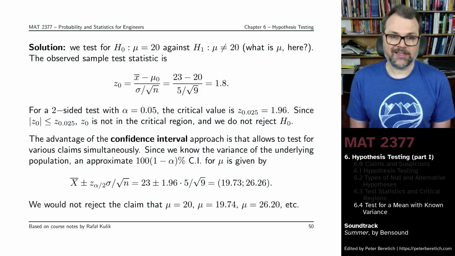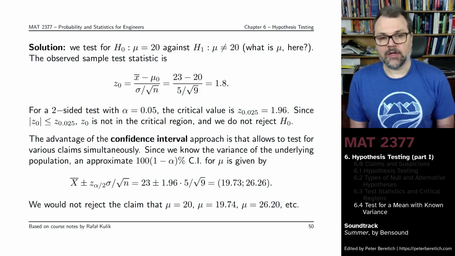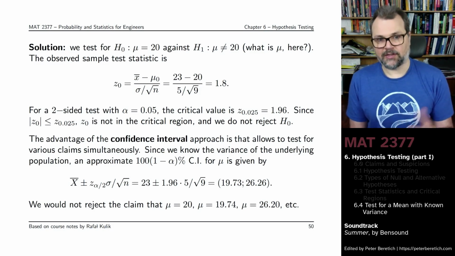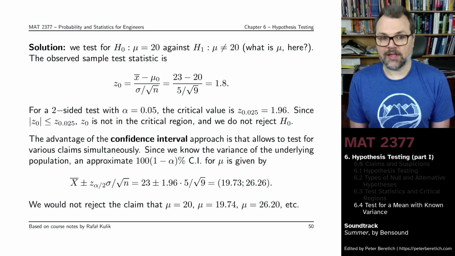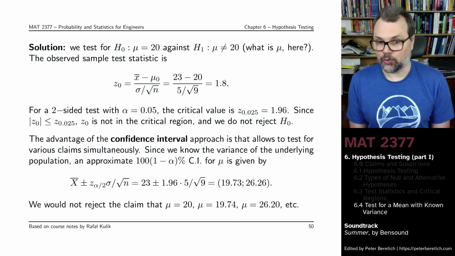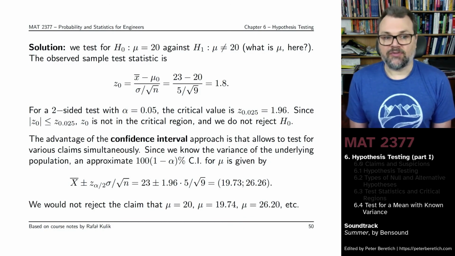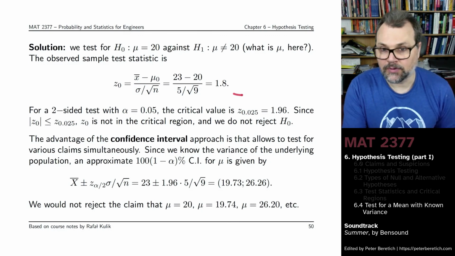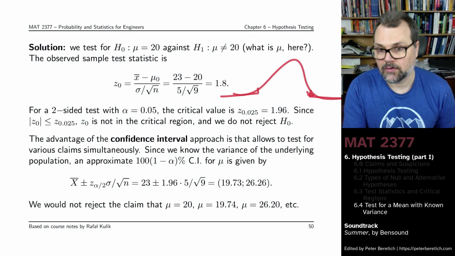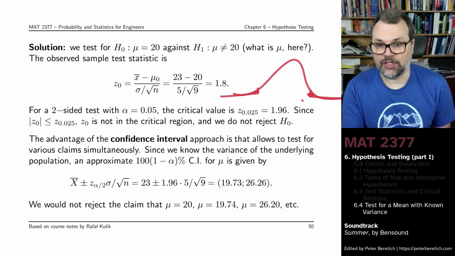The observed sample test statistic would then be the observed sample mean minus the candidate divided by standard deviation divided by the square root of n. If we assume that the null hypothesis holds, that should follow a standard normal distribution. My Z0 quantity is 1.8. If I do a two-sided test with alpha being equal to 0.05, I'm interested in knowing where 1.8 falls.